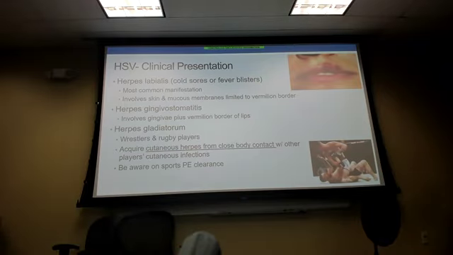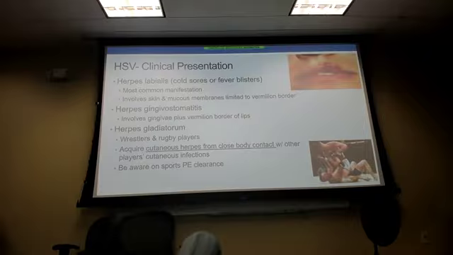Clinical presentation can look like a whole lot of things. They will come in saying, I have fever blisters or I have cold sores. That's going to be herpes labialis. Your skin and mucosal surfaces are going to be involved for that one. Gingivostomatitis is when you have that plus your vermilion border of the lips. Depending on where it is, it's still herpes, it's just expansive or not.